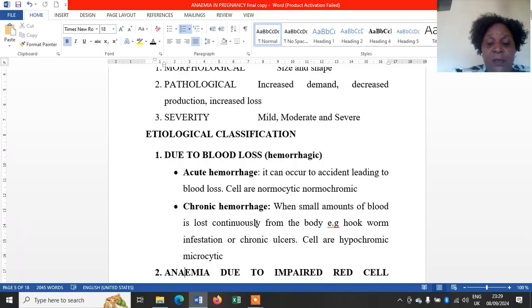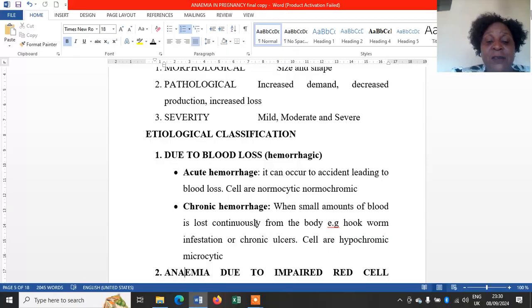microcytic. For example, if a mother has hookworm infestation, the hookworms will continuously feed on the heme or on the iron and the folic acid, which make the red blood cells. We said the heme is the one which makes the red coloration of the red blood cell. So now if the hookworm is feeding on the heme, it means the cell will look hypochromic, the cell will look light.